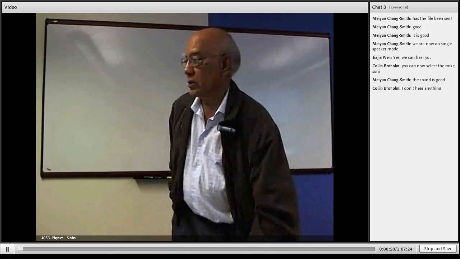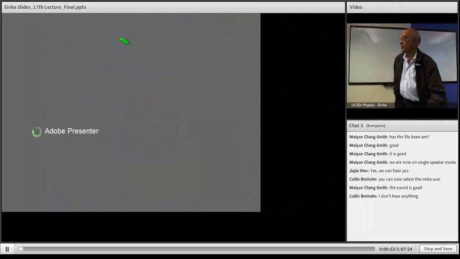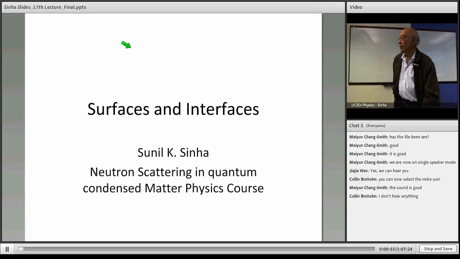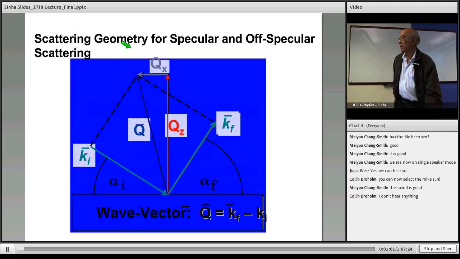So let me just go to the first slide. So here is a diagram of reciprocal space, where this is meant to represent schematically the physical surface.